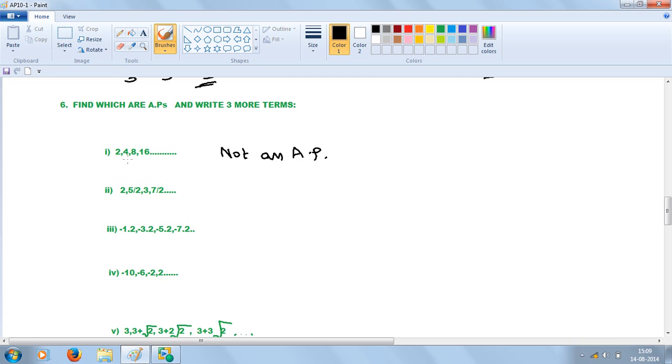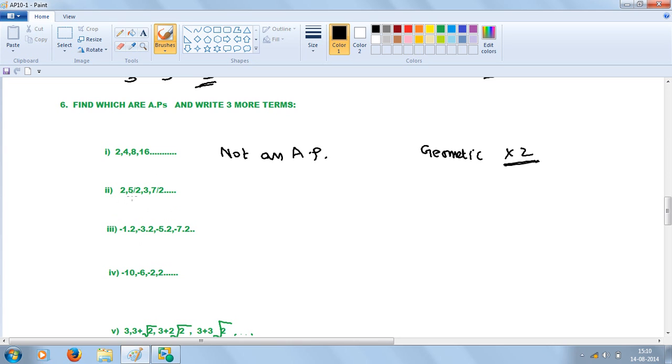You multiply by 2: 2 twos are 4, 4 twos are 8, 8 twos are 16. That is, multiplied by 2 is the factor. About geometric progressions we will deal later. So the figures are multiplying.